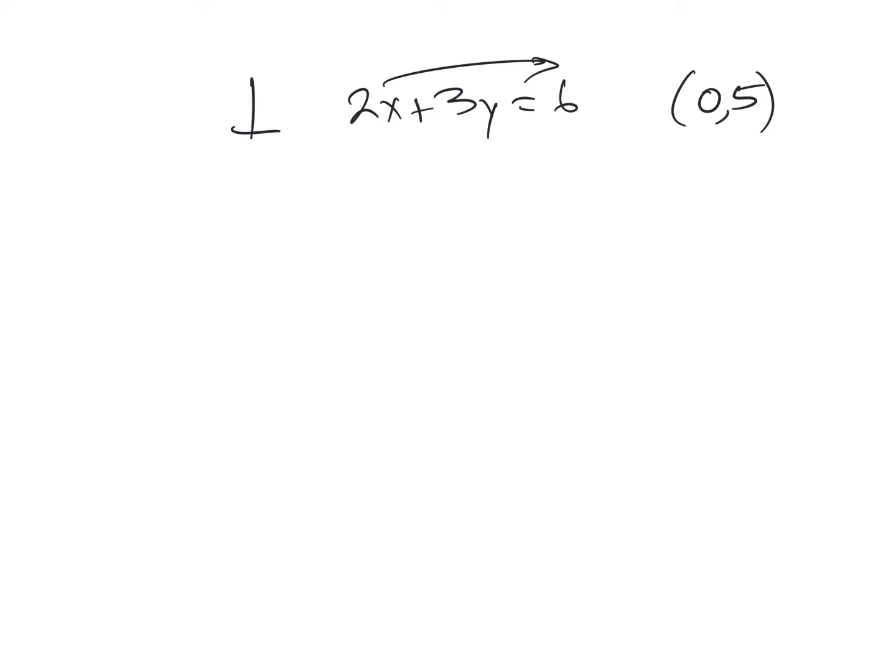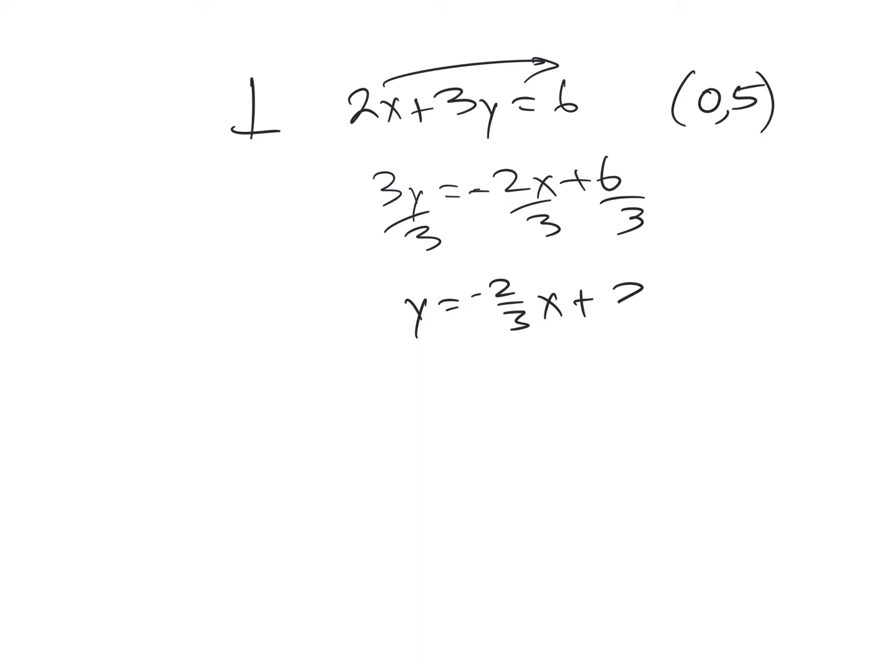So we're going to subtract 2x, and then we're going to divide off the 3. And we get y equals -2/3 x plus 2. I don't care about anything but that right there for this type of problem and most of the things that we do with this concept, okay?